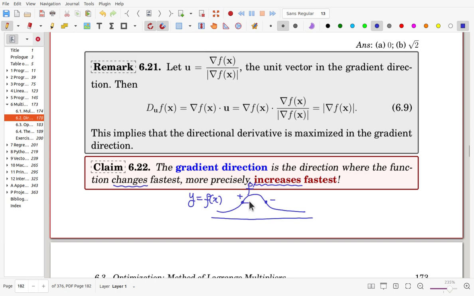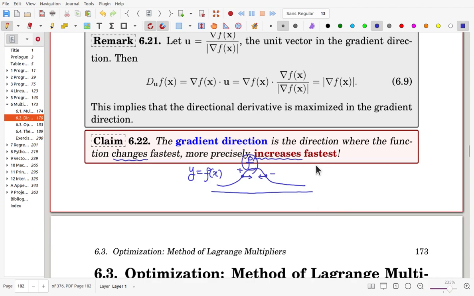Positive means this direction, negative means that direction. So the derivative is always the increasing direction. It is changing fastest, but the gradient is the increasing direction. So we can conclude that the gradient direction is the direction of fastest increase. That's the end of the section. Thank you.